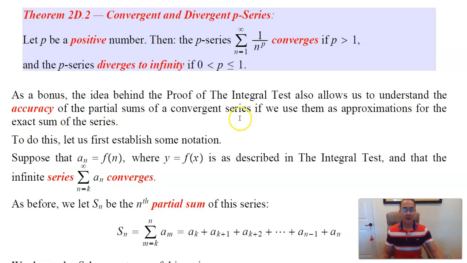Okay, so the idea that we use to prove the integral test will also allow us to control the error that we get when we approximate the exact value of an infinite series using just a partial sum.